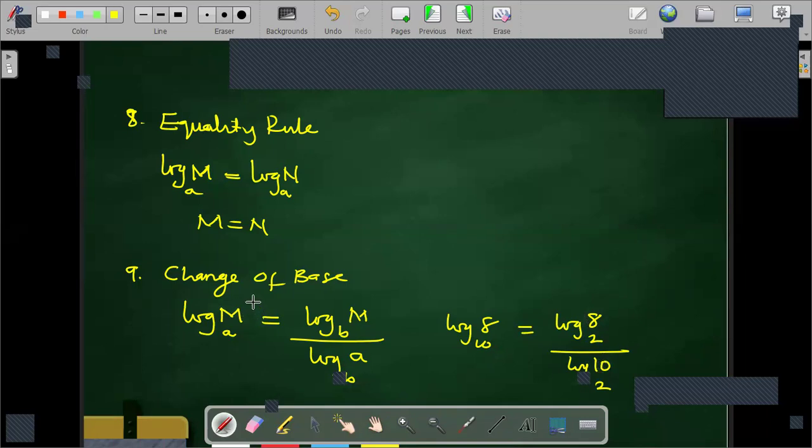It's commonly useful when you are doing logarithmic simplification where the bases are not the same, and to proceed it is needed to change them to a common base, especially when there are common terms that can be eliminated. We'll see examples of application of change of base.